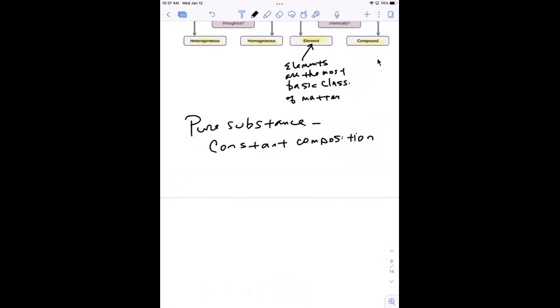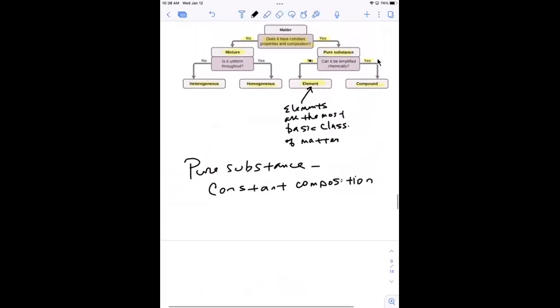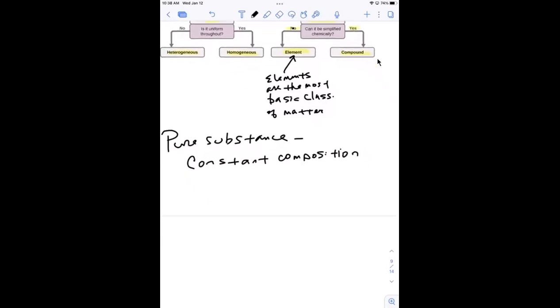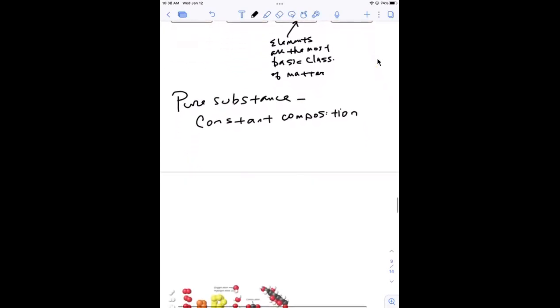What I mean by that is, especially if a pure substance is a compound, no matter if you take a gram of it or a kilogram, the percentages of whatever that compound is made of are going to be the same. One example of that is sucrose. That's table sugar. So let me actually show you what that looks like. Don't panic when you see this because you haven't had organic yet, so you haven't seen 6-membered rings.